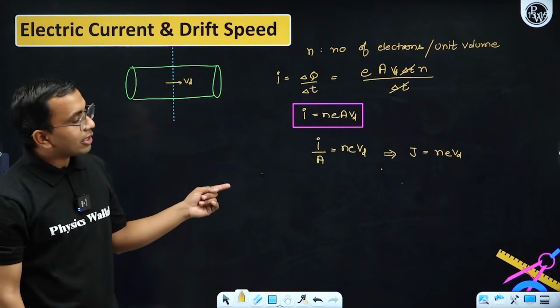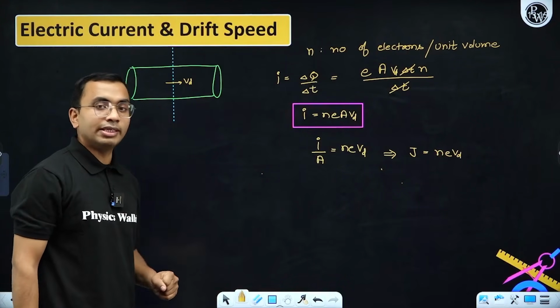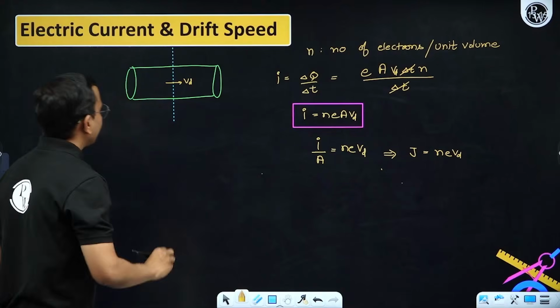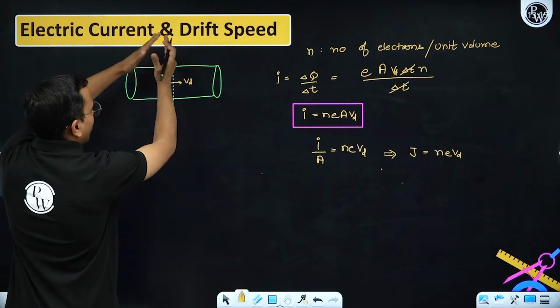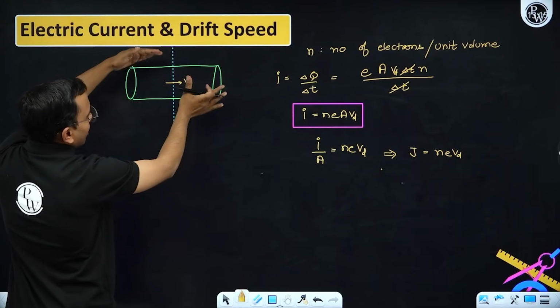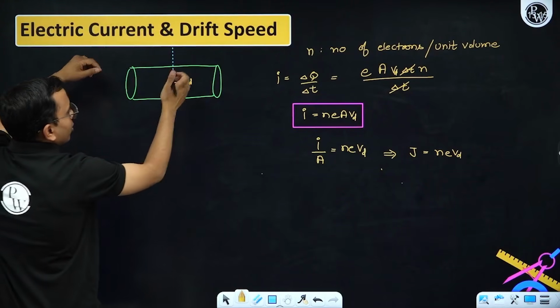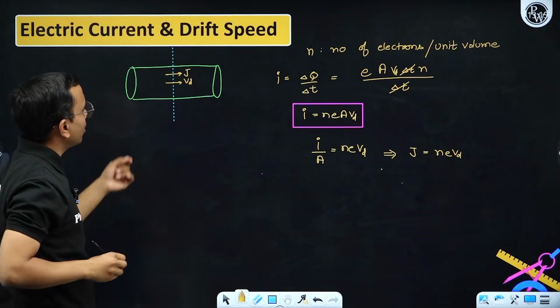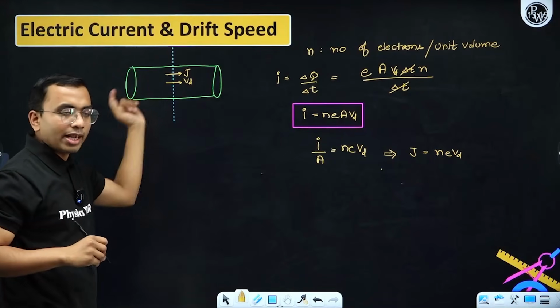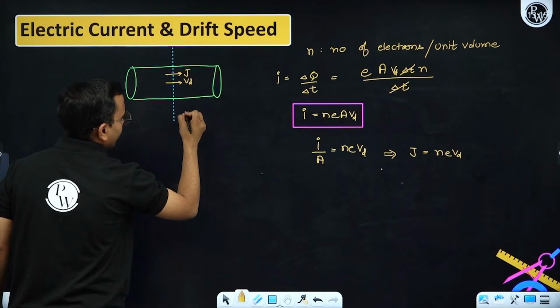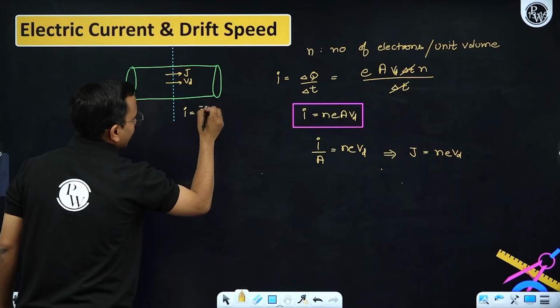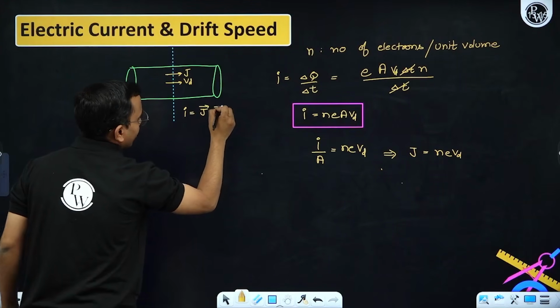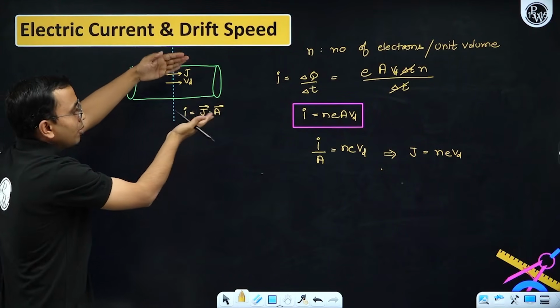Current density is basically a vector. Generally, if I talk about a uniform conductor here, my current density is in this direction. So J dot A, when I say that is my current, that is J dot area vector. The area vector is towards the right, angle between them is 0.